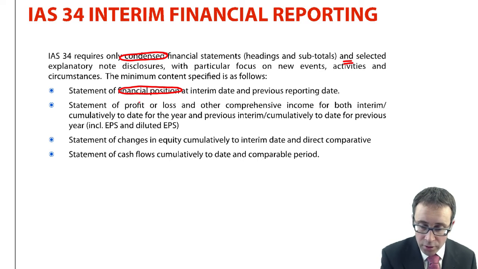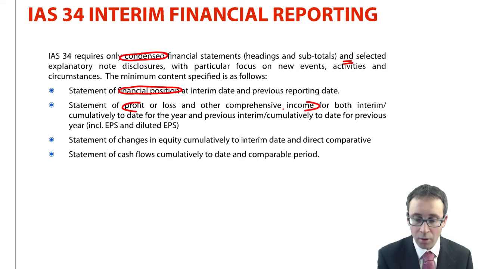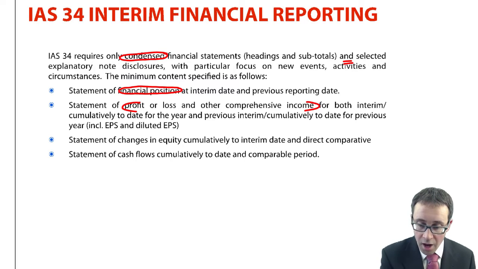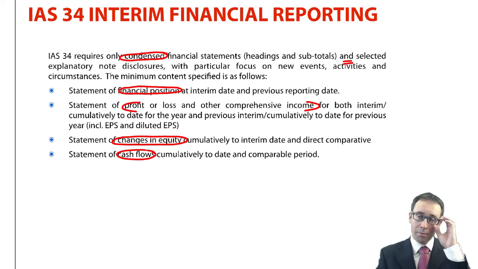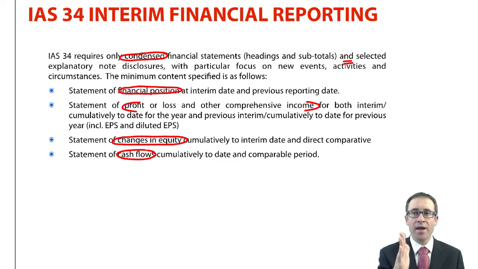We then move on to profit and loss and other comprehensive income. We then look at your changes in equity, and then your statement of cash flows, your four primary financial statements. We know that we're going to prepare those financial statements up to the interim date, but what's going to be the comparative?